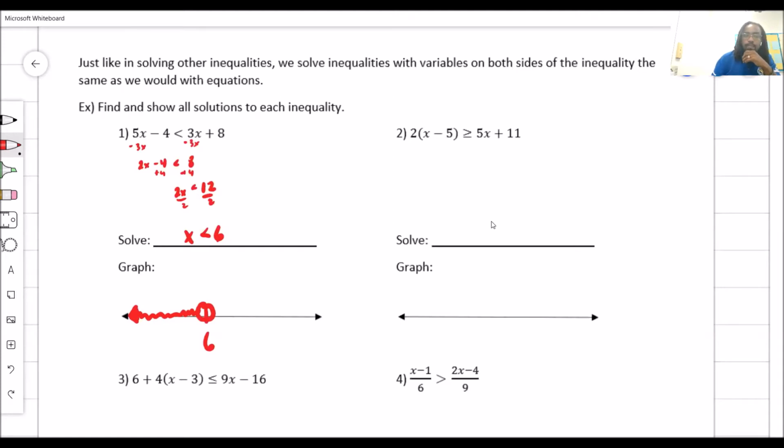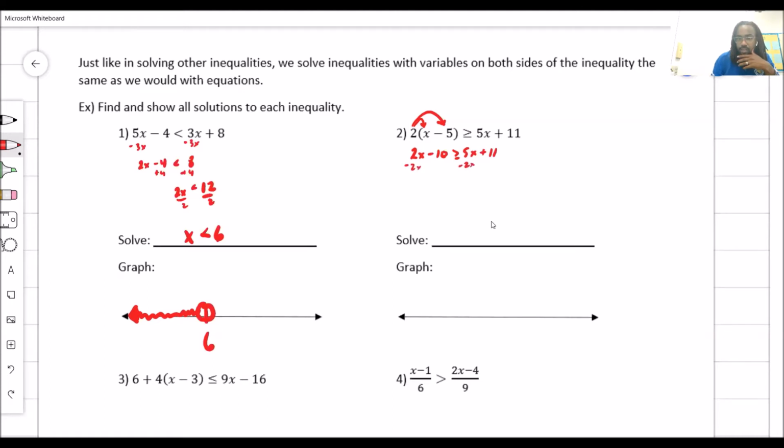All right, number 2. 2 times the quantity x minus 5 is greater than or equal to 5x plus 11. My first step here, I'm going to distribute. So I have 2x minus 10 is greater than or equal to 5x plus 11. I'm going to get my x's positive, so I'll subtract 2x from both sides.